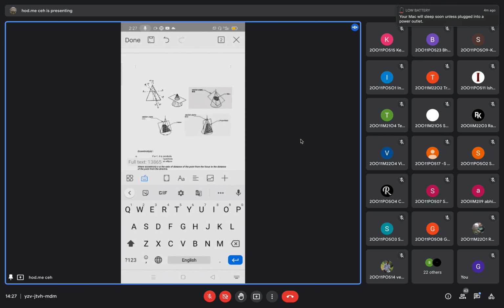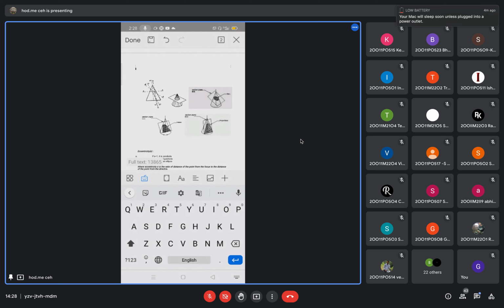Draw the diagram: the eccentricity E is equal to the distance of the moving point from the focus divided by its distance from the directrix, FM by AM, always constant.